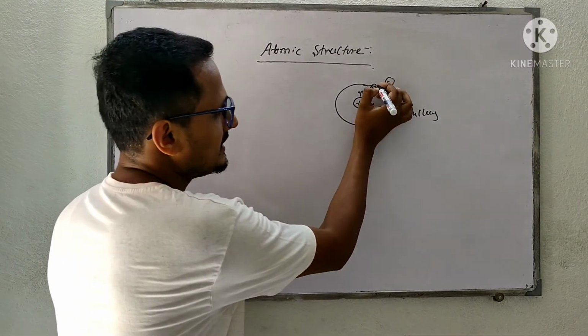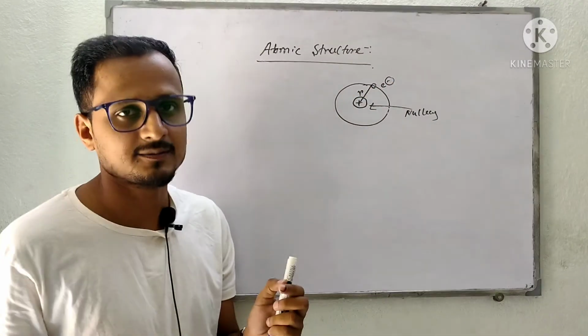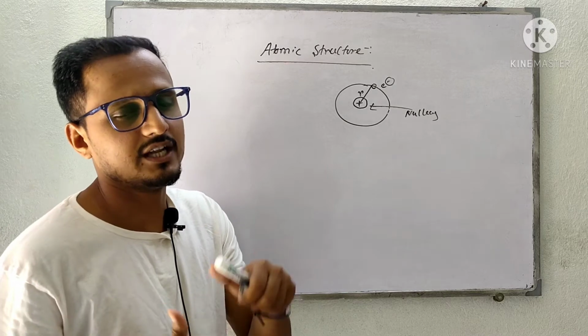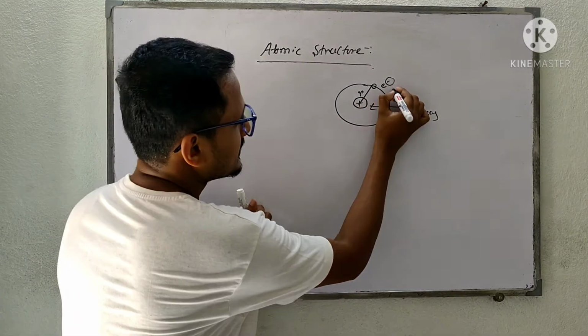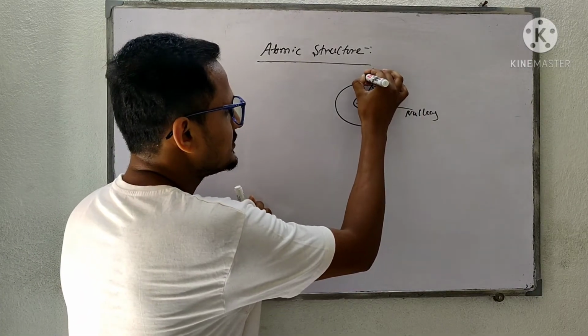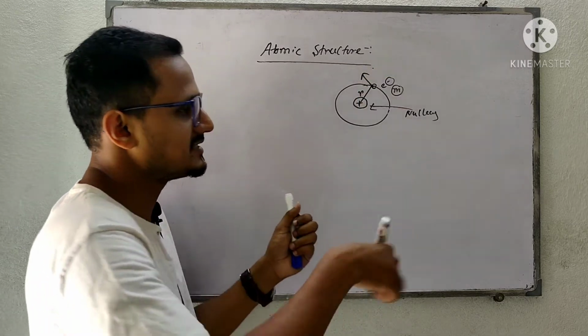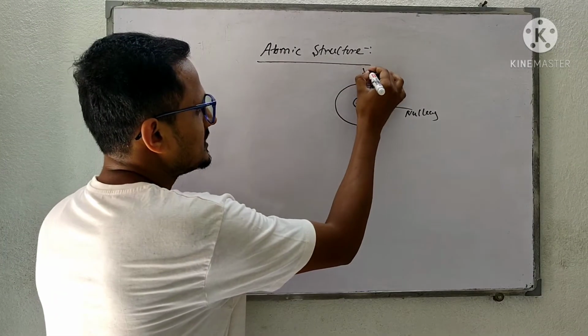As this electron is a particle, it will have a particular mass, that is m, and the velocity will be tangential velocity as it is rotating in a circular path, so it is v.